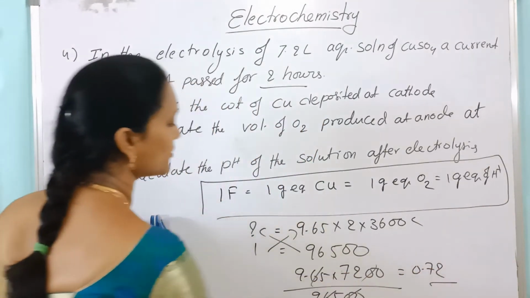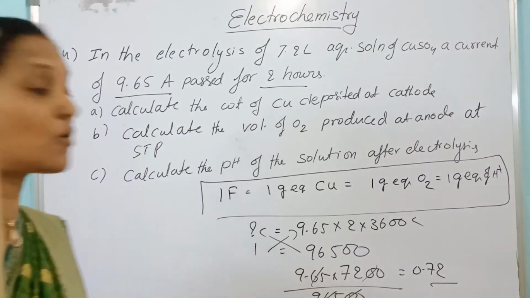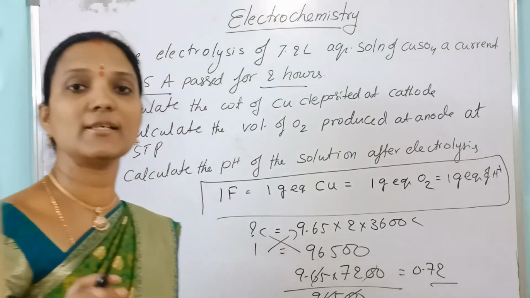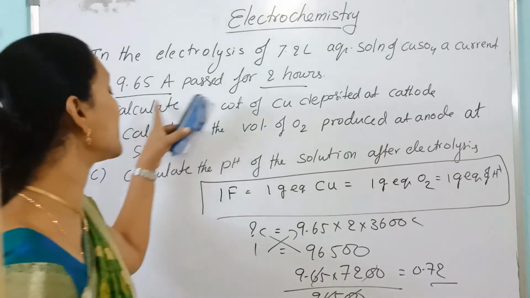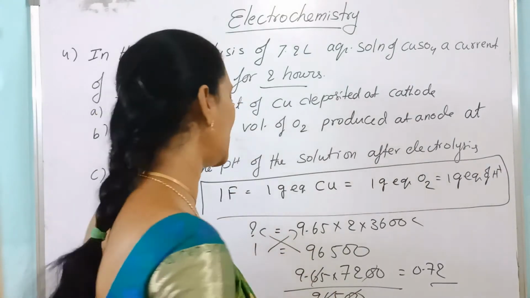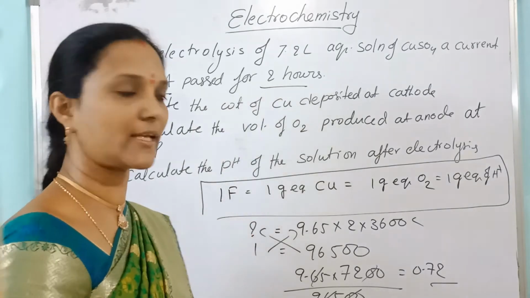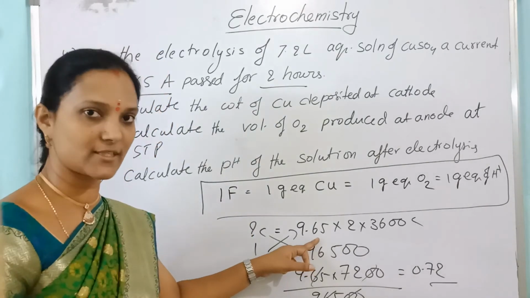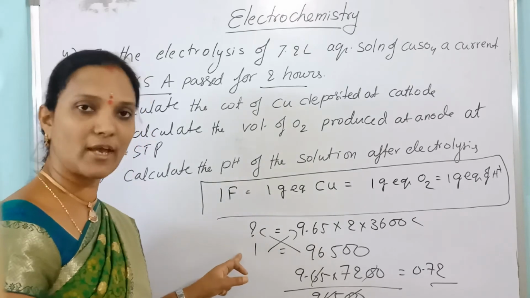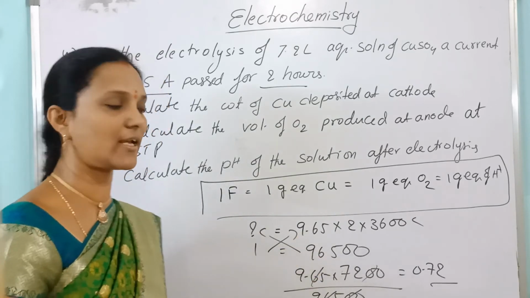This one cancels out. 0.72, so 0.72 Faradays passed. Here, first convert to Faradays. I given, T given. Convert hours to seconds, then we get coulombs, the quantity of electricity. Convert that into Faradays, 1 Faraday is 96,500 coulombs.